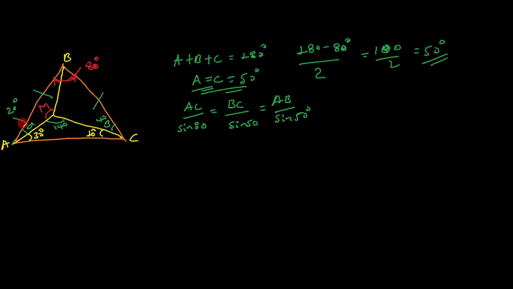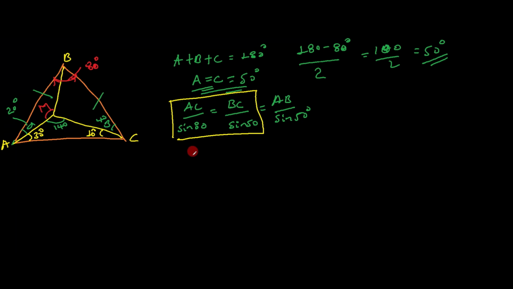This is AB, opposite this degree, this is BC opposite this degree, and this is AC opposite this degree. So this is 50°, 50°, they are the same. You can choose AC over sine 80 with this one to find the AC value.